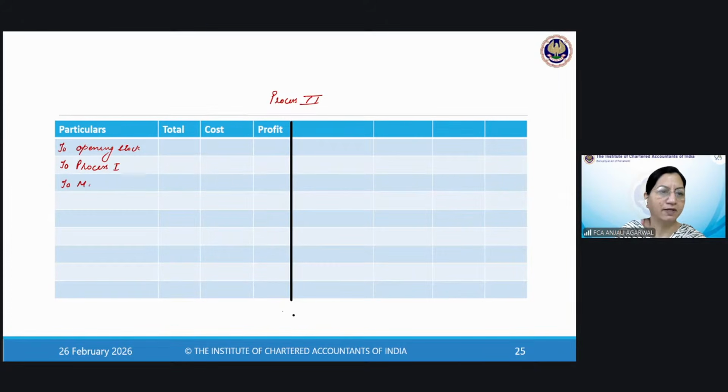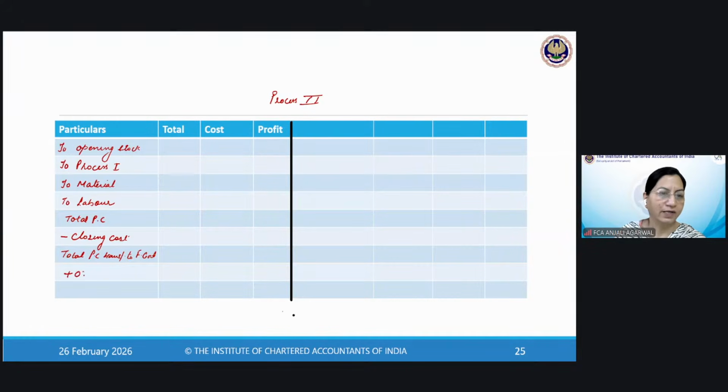Then you incur material, labor, then you have a total prime cost again. Then you subtract closing stock. Then you have total prime cost transferred to finished stock, finished goods account.